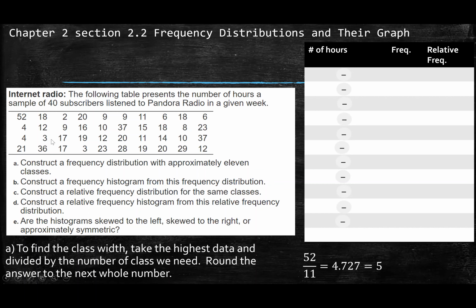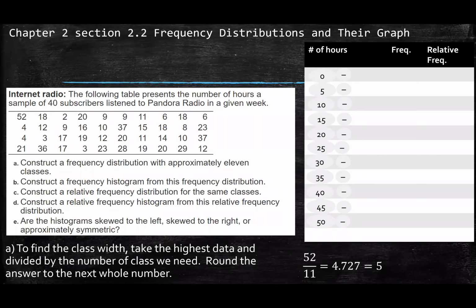For instance, if your data is 12, then go down to 10. So they basically go down to a multiple of 5 to make it a little easier to go up. Looking at this, we want to start at 0, and every time we jump, we add our class width, which is 5.